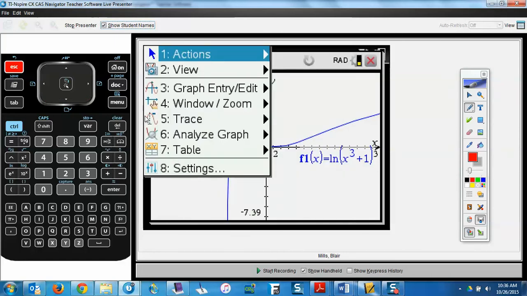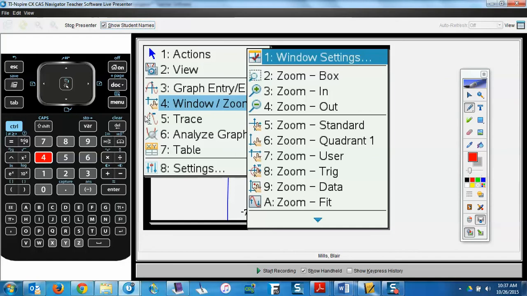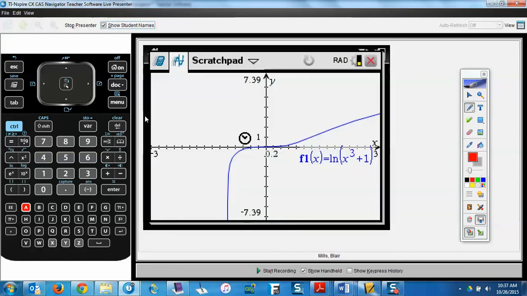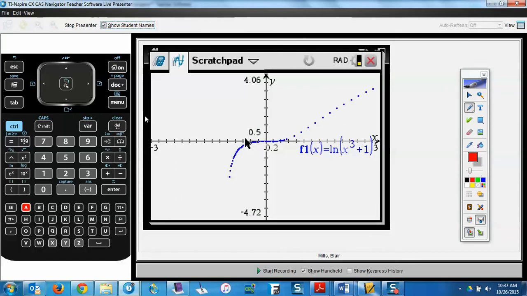So go to menu, window, and then down to A, zoom fit. Zoom fit is a good one to remember, because often we're given a domain to work with on a graph, but not a range. So you set the x min and max first that they give you, and then you go to zoom fit. And what does that zoom fit do?